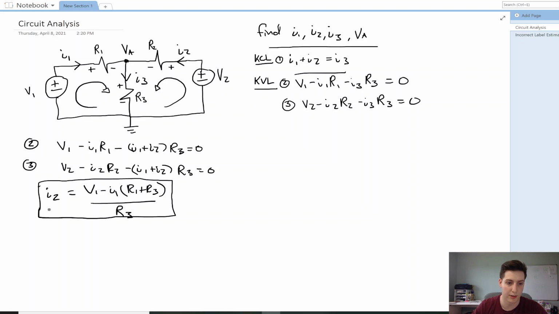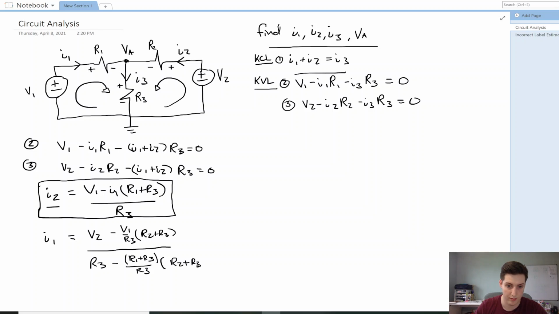Now we can plug I2 back into these equations to actually solve for what I1 is. So now we have solved for I1.